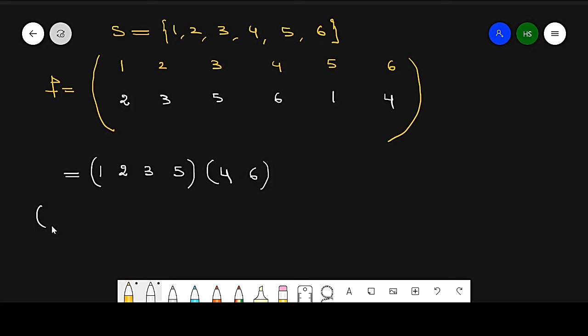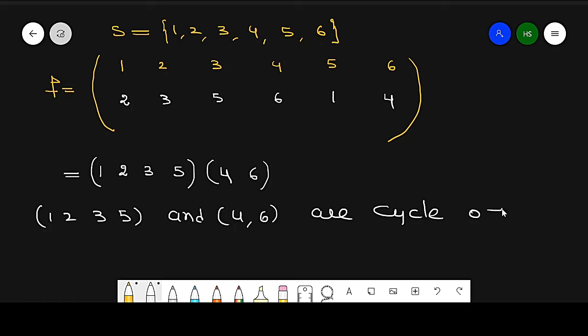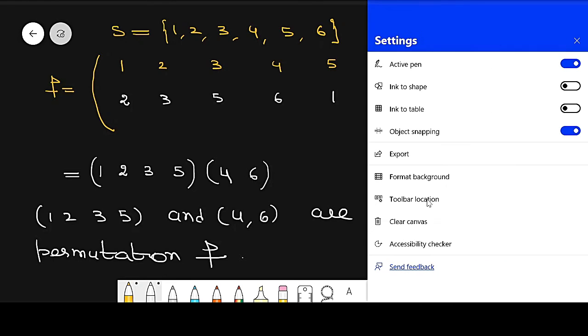So 1, 2, 3, 5 and 4, 6: these are the cycles of the permutation F. So in this way we can find the cycles of permutations.